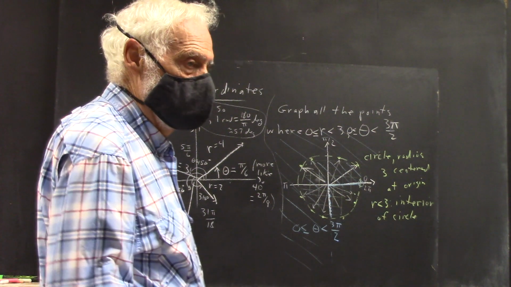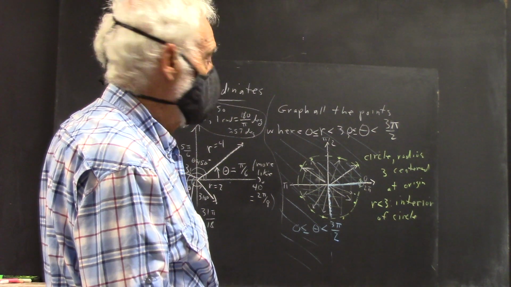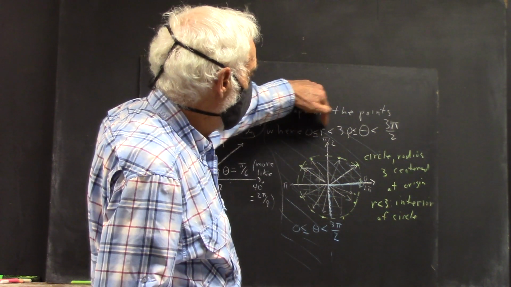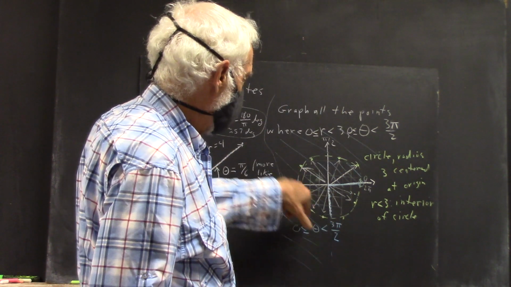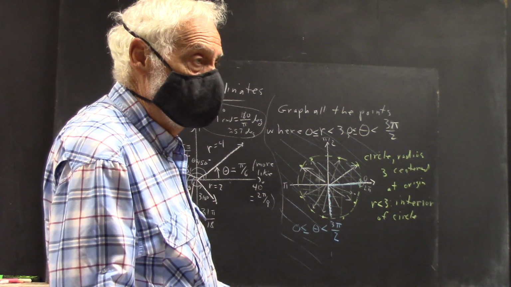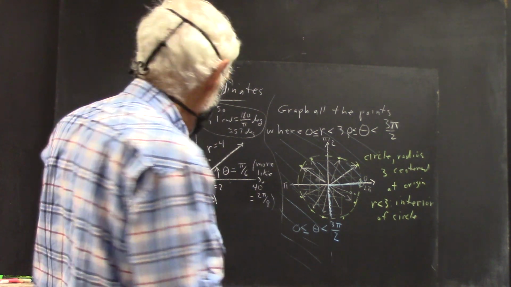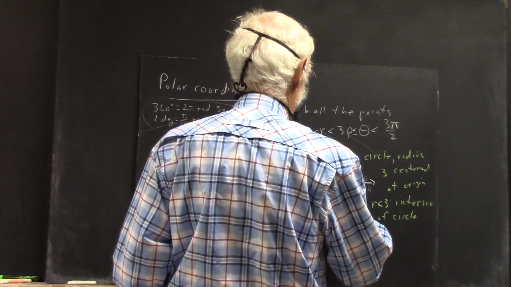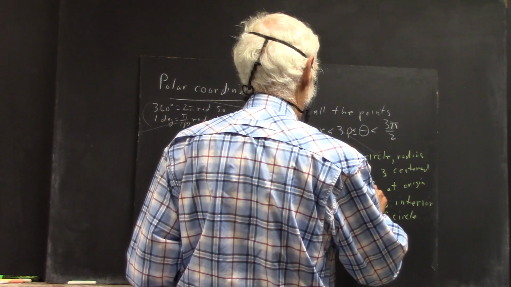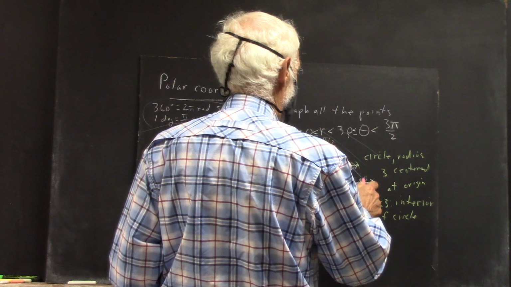Okay? But the part that satisfies both of these equations is the part where we intersect the interior of the circle. Okay? So our region, I might be using too many colors here, but our region is like this.